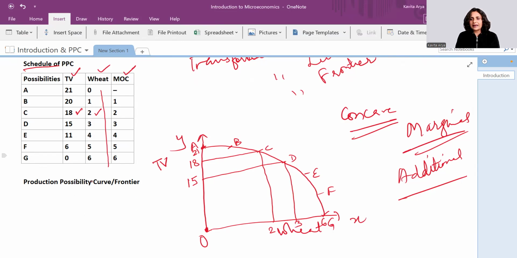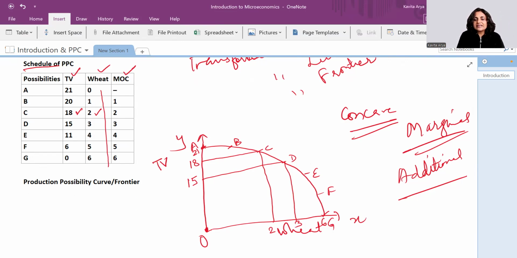Why is the sacrifice happening? Because the resources are limited. We can either produce more of this and nothing of that, or a bit less of this and some more of that. So when we transform production from y to x, we need to reduce the production of y to gain production of x.